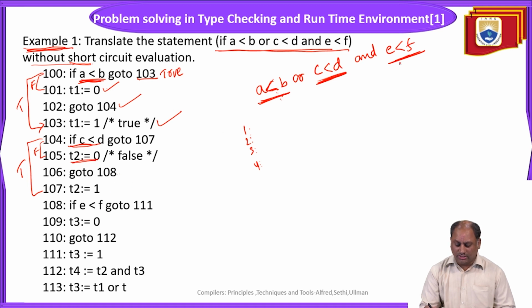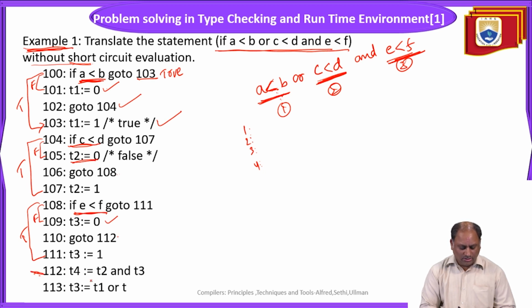At 108, once again we check the condition, the third condition. This is the first condition, A less than B, C less than D is the second, and the third one is E less than F. So, E less than F is to be verified. If it is false, then T3 equal to 0. Then based on this, 112 is executed.